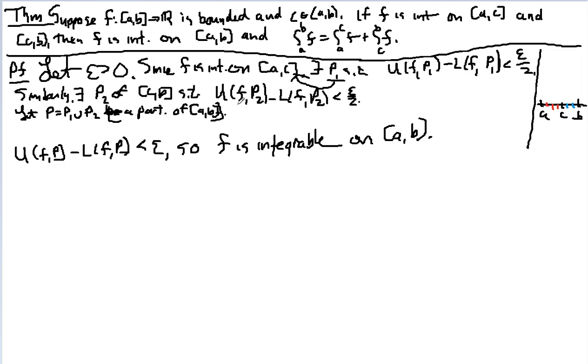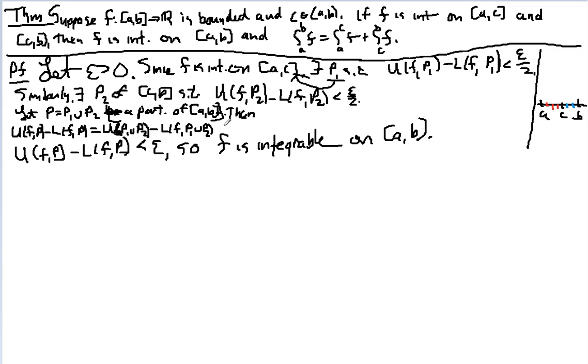And then what I have, then this is going to be a little crunched, U of f of P minus L of f of P equals U of f of P1 union P2 minus L of f of P1 union P2.